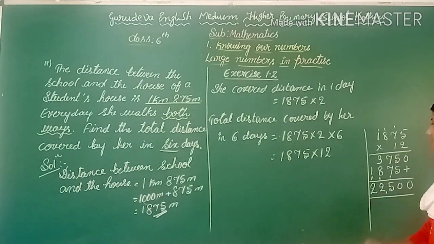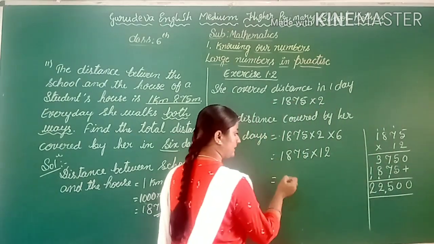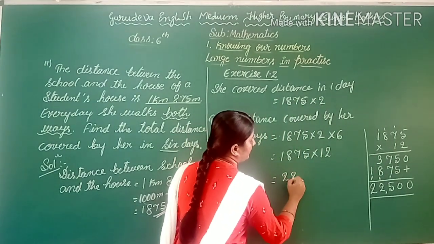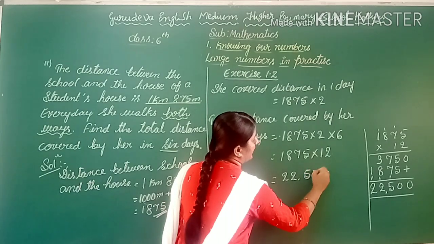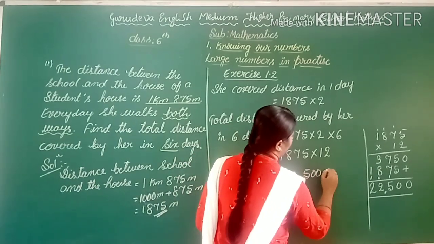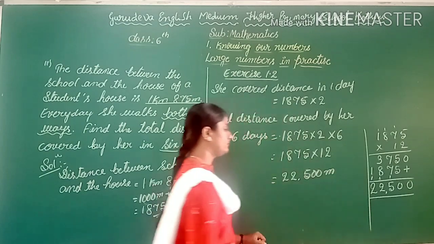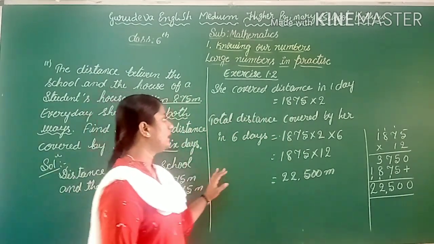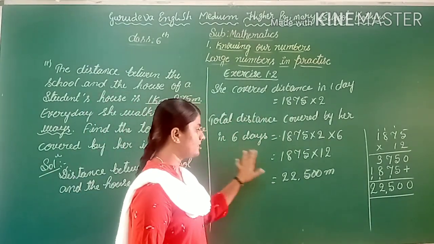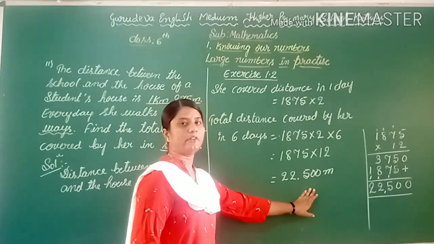The total distance covered by her in 6 days is equals to 22,500 meter.